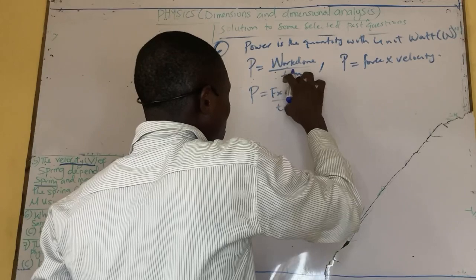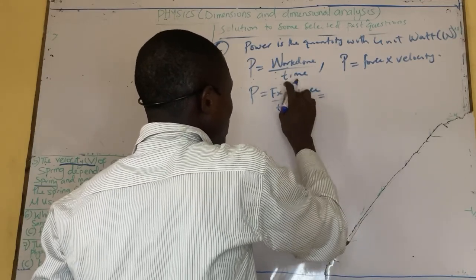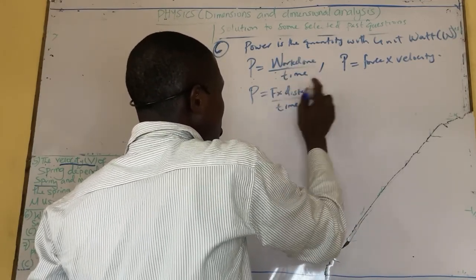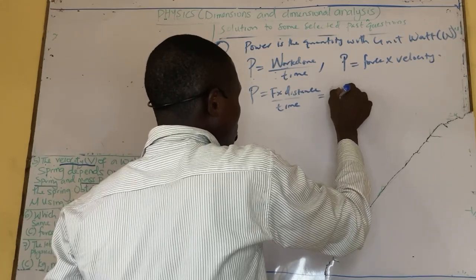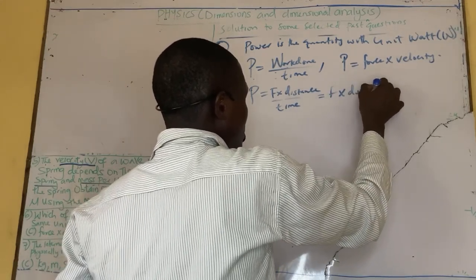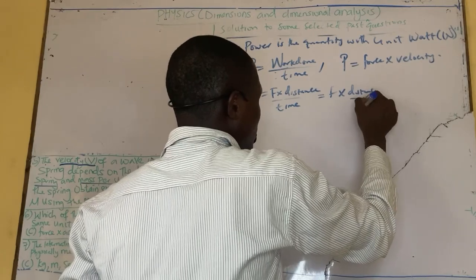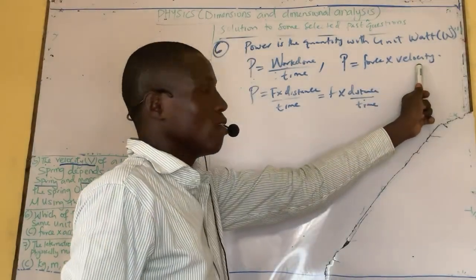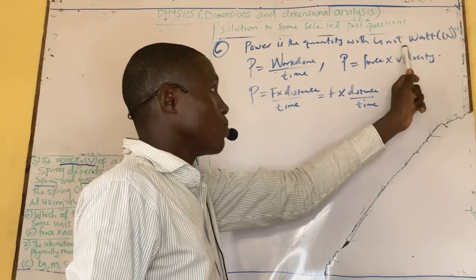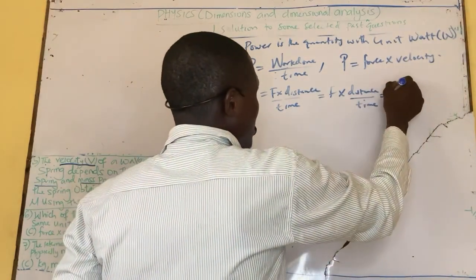The work done is force times distance. If you take this force multiplied by distance all over time, distance over time gives you speed, which is the same as velocity. So you can easily say Fv.